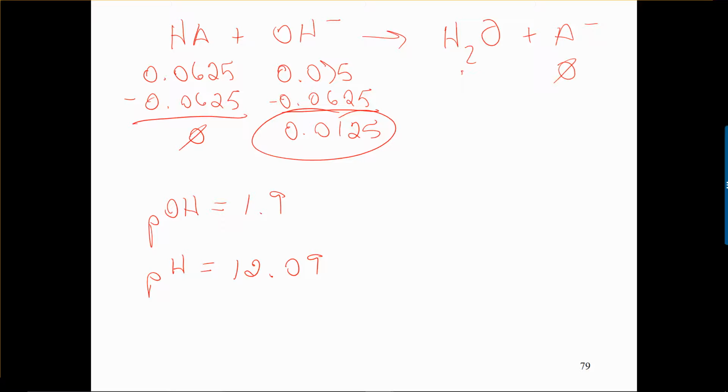Did you take the negative log of 0.0125? What is it? 1.9. And then 14 minus 1.9. Okay. I was like, oh man. Confusing, my bad. That's why you need a break.